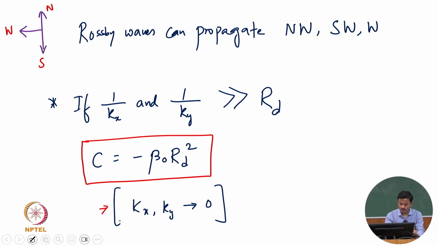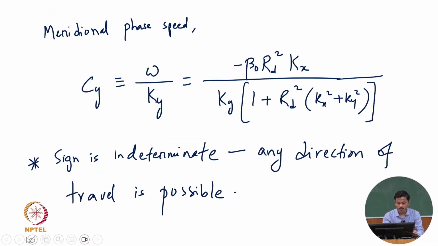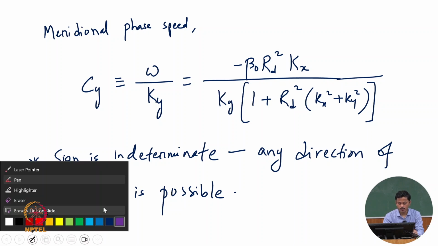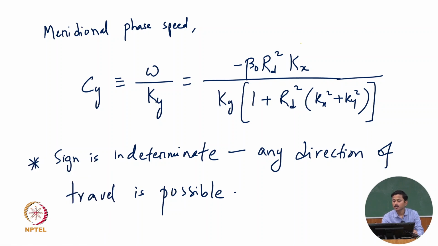Hence the observation that very large waves, okay, we can immediately see a difference here. So Cy is dependent on kx, ky. These are the functional forms in which Cy is dependent on kx and ky.